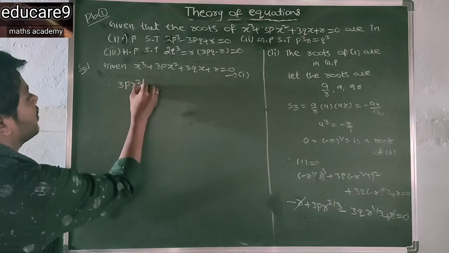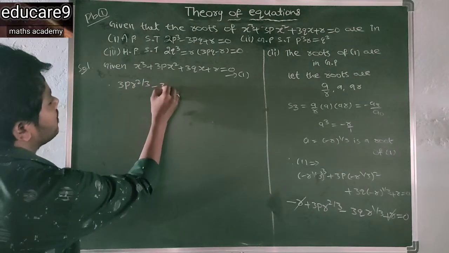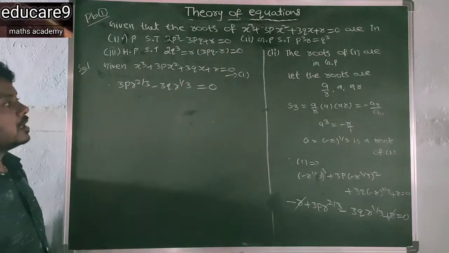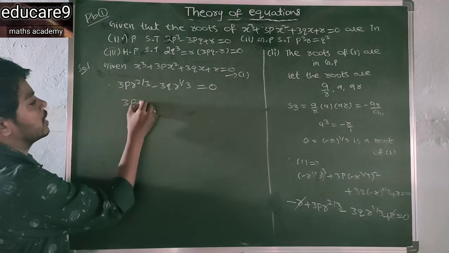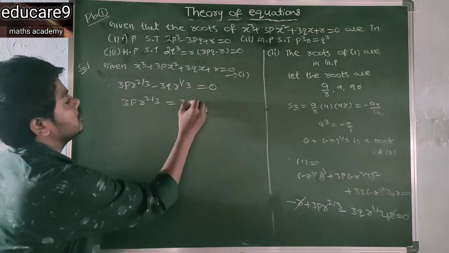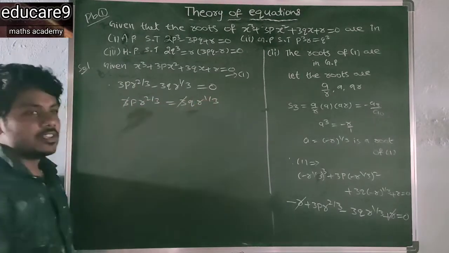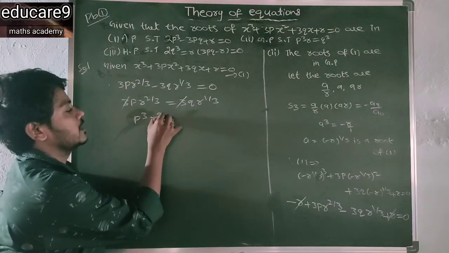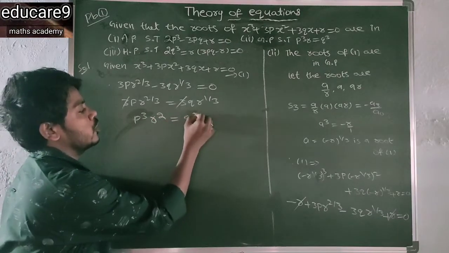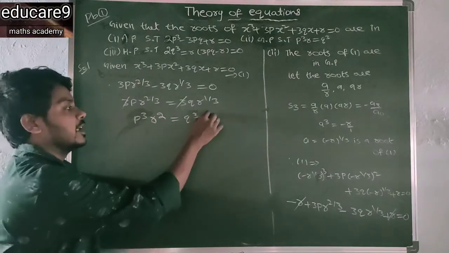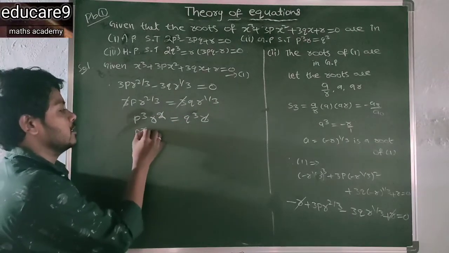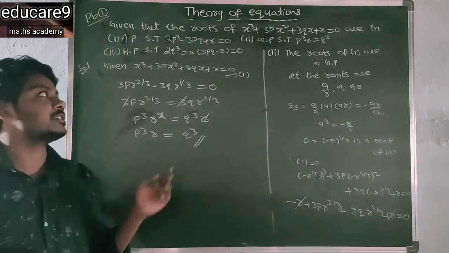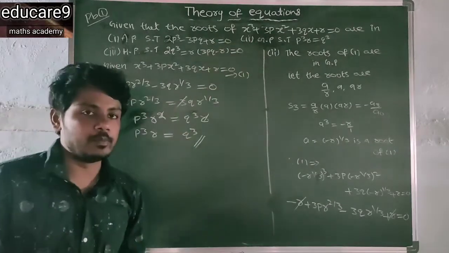So 3p r to the power of 2 by 3 minus 3q r to the power of 1 by 3 is equal to 0. Again this can be written as 3p r to the power of 2 by 3 is equal to 3q r to the power of 1 by 3. So here cubing on both sides, you will get p cube r square is equal to q cube r. So r gets cancelled. Therefore p cube r is equal to q cube. So this is the required condition when the roots are in GP.